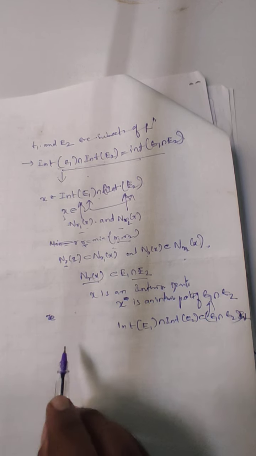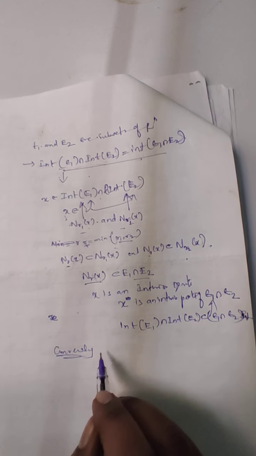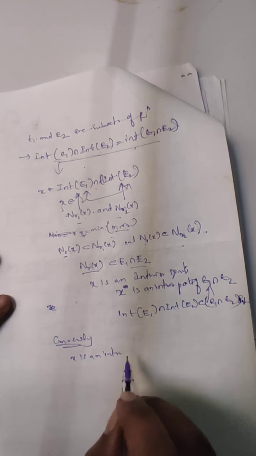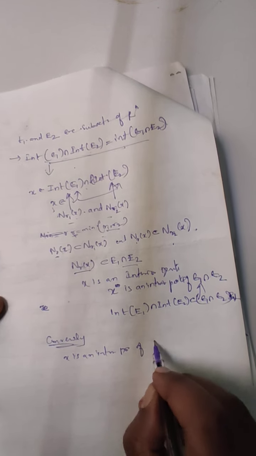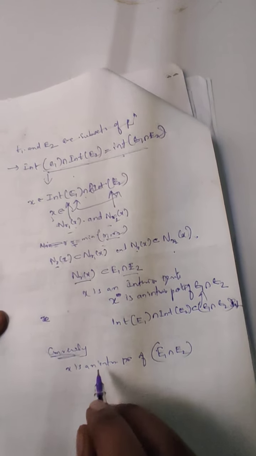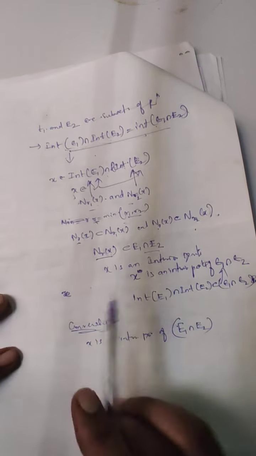Now conversely we assume that x is an interior point of E1 intersection E2. That means we consider that x belongs to the interior of E1 intersection E2.